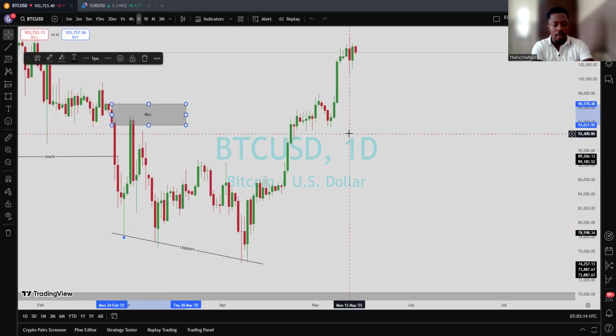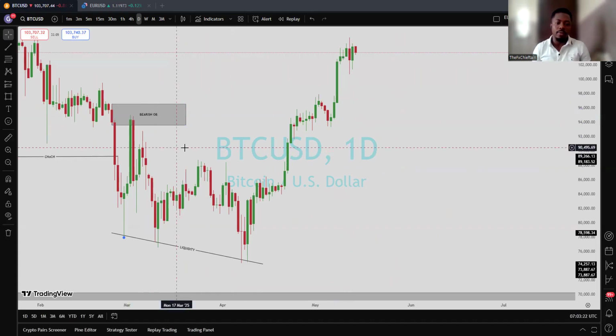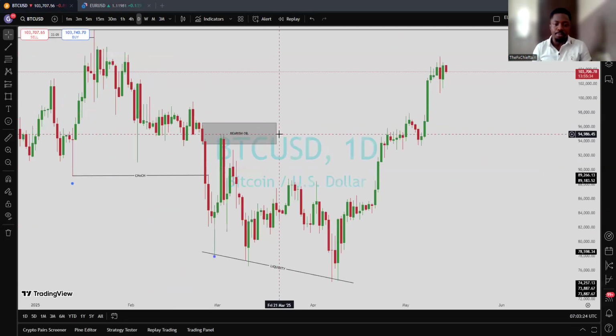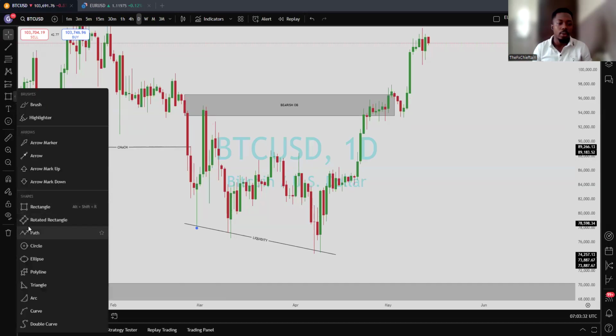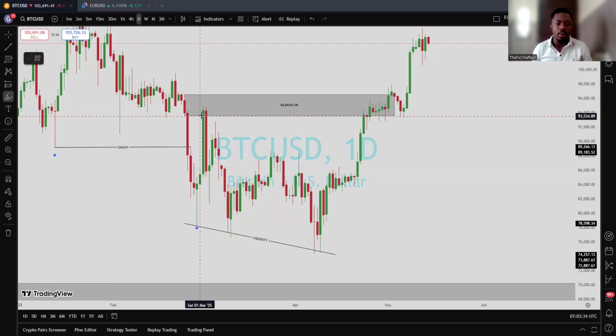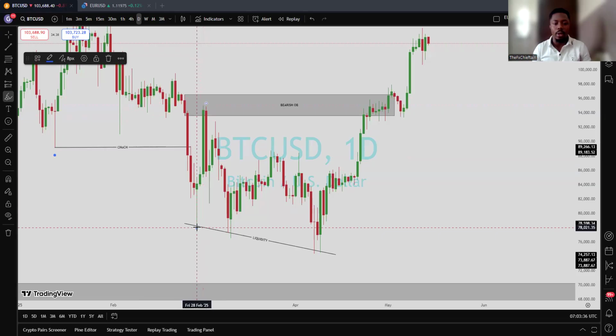Sell order block, OB. Okay, let's call it a bearish OB, right? Bearish OB. And because we have a bearish OB right here, we're going to extend it to the future. We can see that at some point in time, price created what we call a lower low, right? A lower high, a lower low, right?